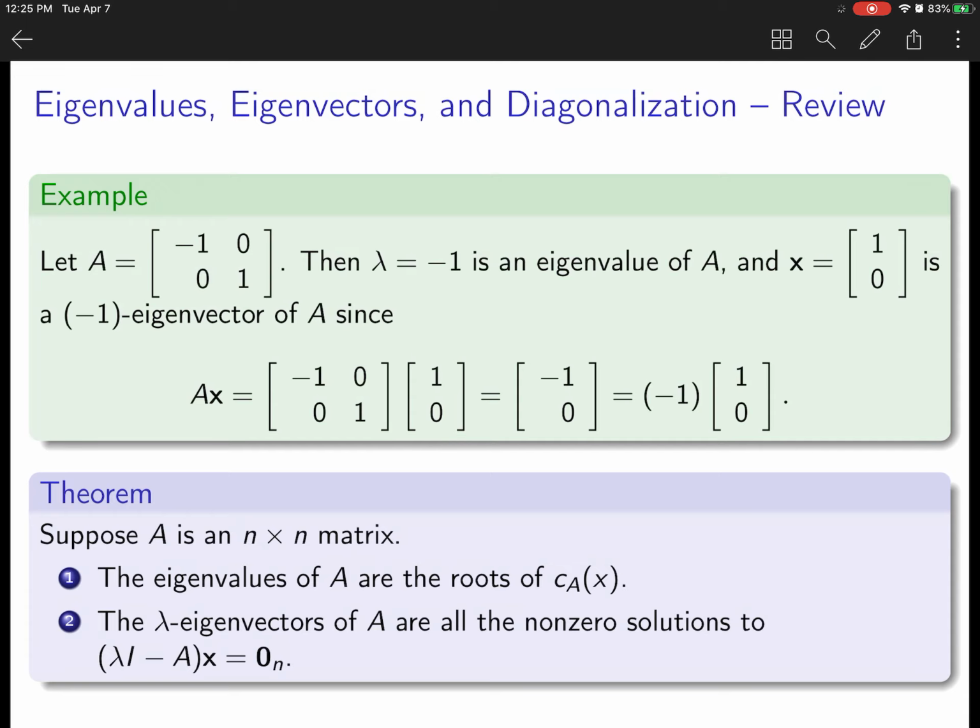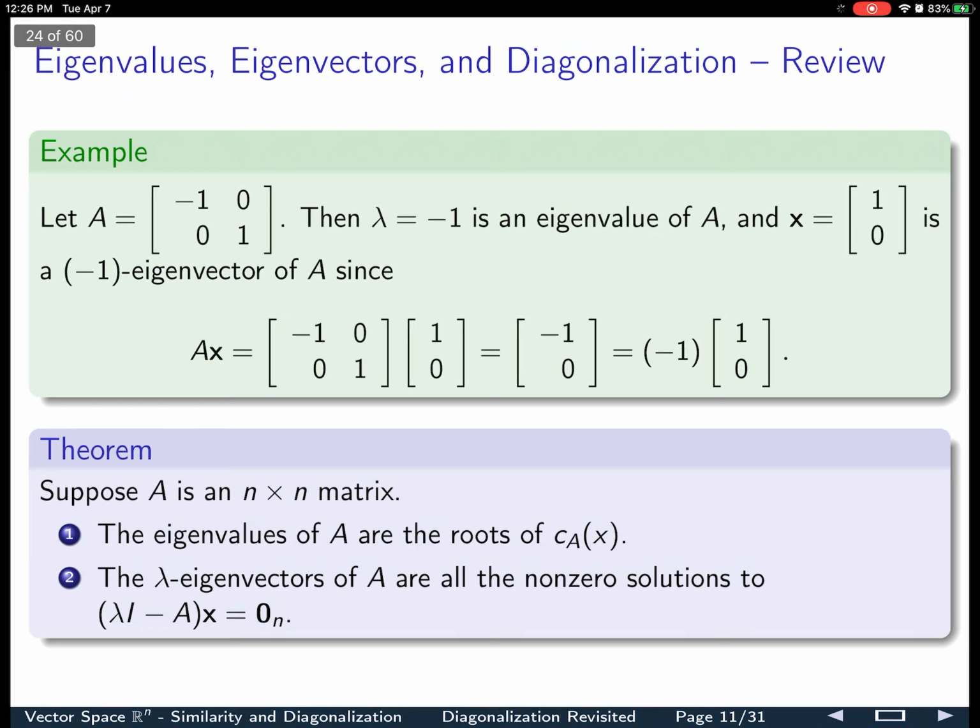The eigenvectors are basically the basis of the null space of lambda I minus A. So that's solving the homogeneous equation there at the bottom. That is the null space of lambda I minus A. Cool.